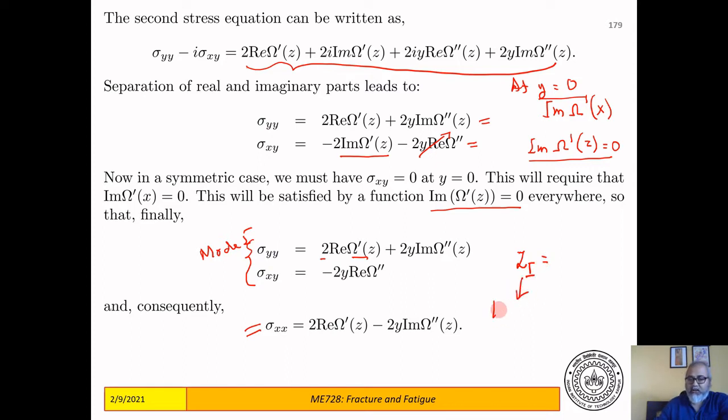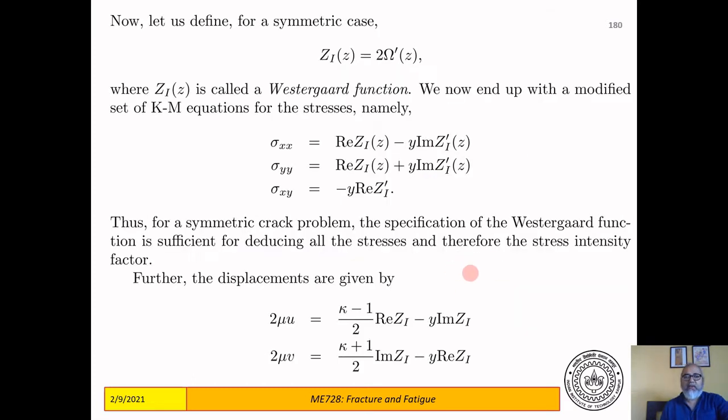It's called Z1, and it is defined as 2 omega prime z.